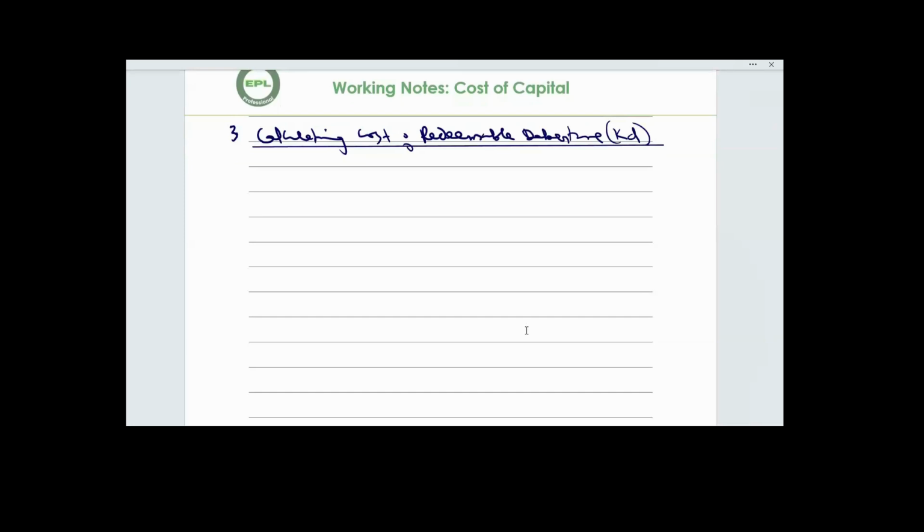It's as simple as that. Even if you want to calculate cost of redeemable preference share, go ahead, calculate internal rate of return. So when you're calculating internal rate of return, what are you expected to do? You assume two discount rates that will produce two opposing NPV. One discount rate will give you positive NPV, another discount rate will give you a negative NPV. Then you interpolate into the IRR formula.